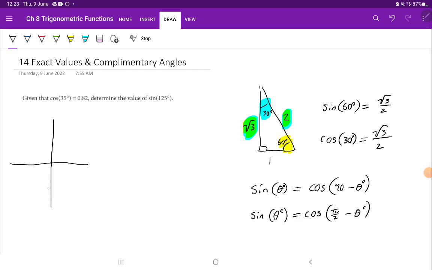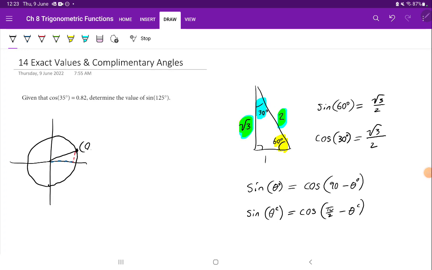Cos of 35 is a relatively small angle. And you can see here that we're going to get quite a long cosine, but quite a short sine. We don't actually know the y-coordinate, we only know the x-coordinate, 0.82, comma something. And then we've been given the sine of 125.